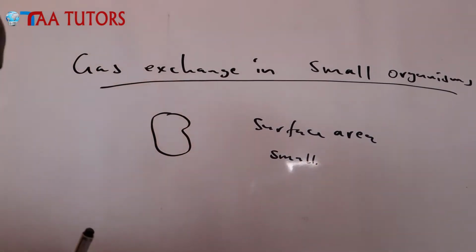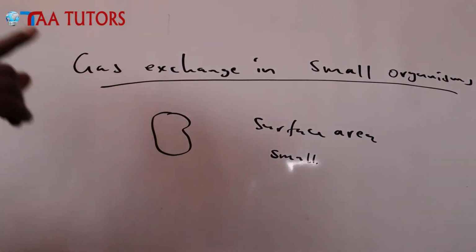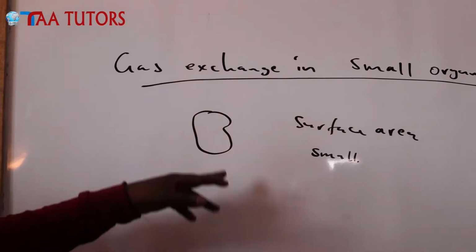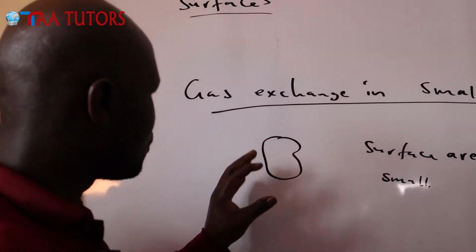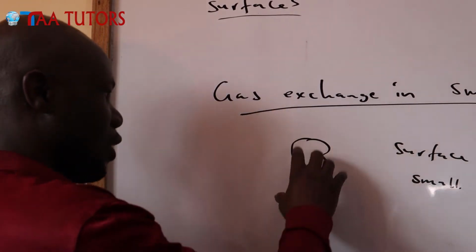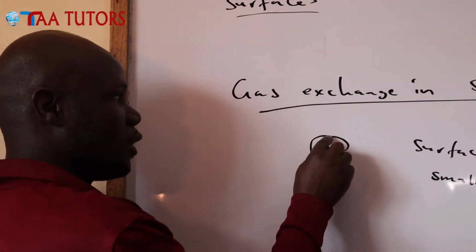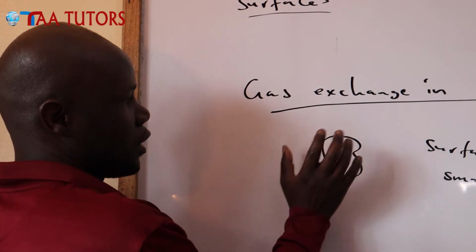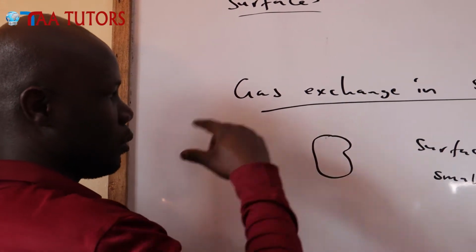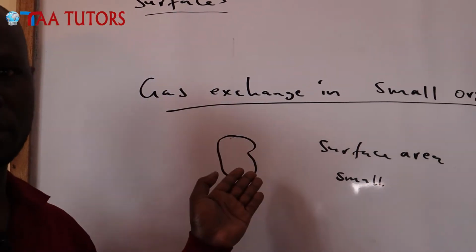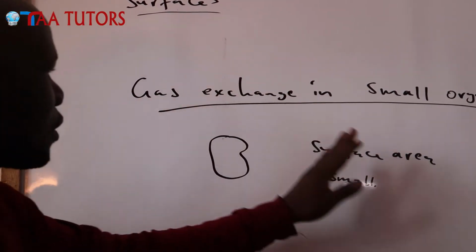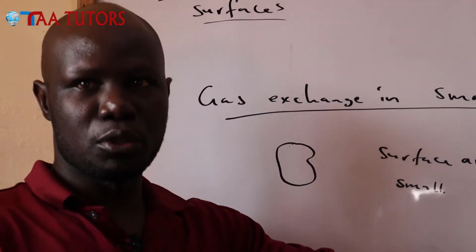That is very true. But if we look at it in the ratio to the volume of this organism, that ratio tells us that however small the surface area is, what it is exposing to the surrounding in terms of its size is actually a bigger surface area. And that is the difference between surface area itself and surface area to volume ratio.